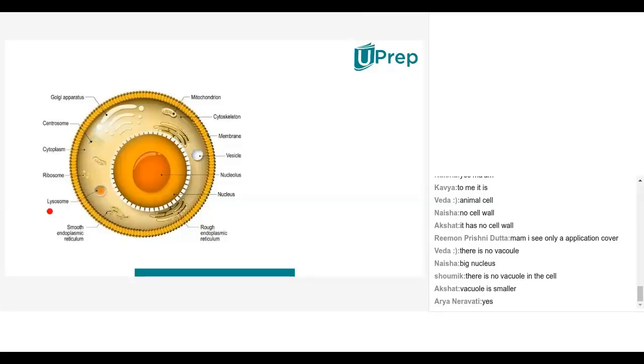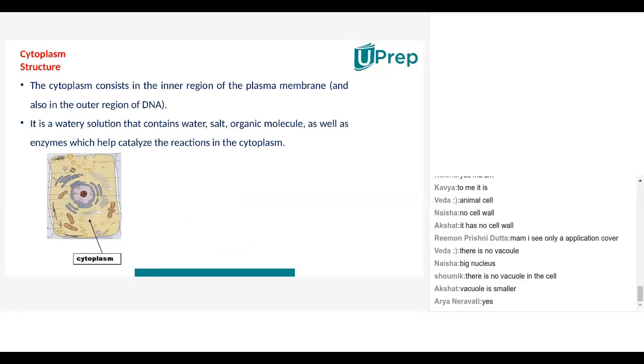Now just concentrate only on the liquid material which is there inside the cell. When you take an animal cell or plant cell, you will have a liquid matter filled inside the cell which protects all the different parts of the cell. That is called cytoplasm.